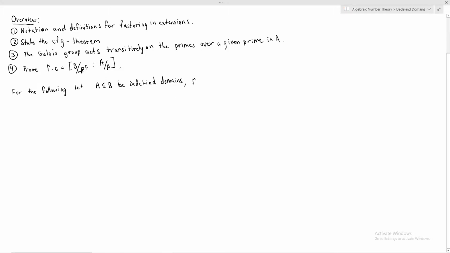And I'm going to let P contained in A be a prime ideal. And the ideal P generates in B is going to factor into some product of primes. Let's say PB is equal to P1 to the E1 through PG to the EG.